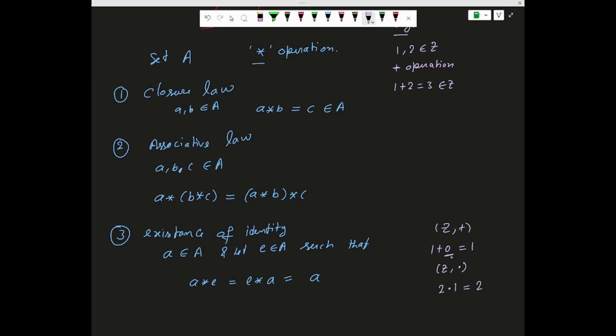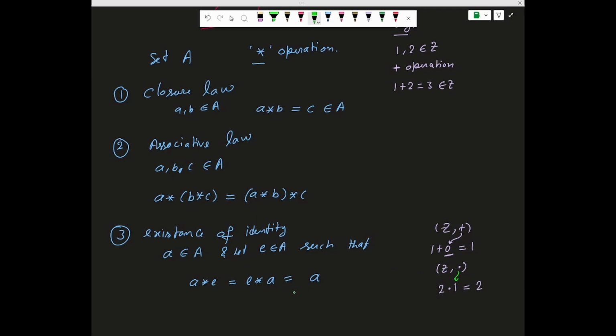So you noticed, in case of addition we have 0 as the additive identity, but in case of multiplication you have 1 as the multiplicative identity. So identity keeps changing. Similarly, inverse keeps on changing, it depends on the operation.